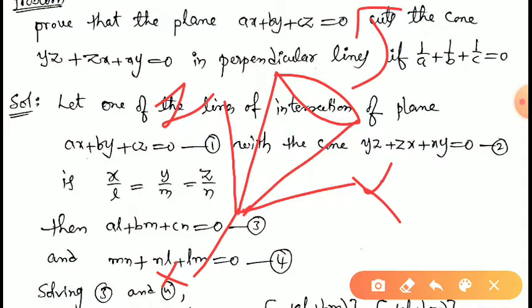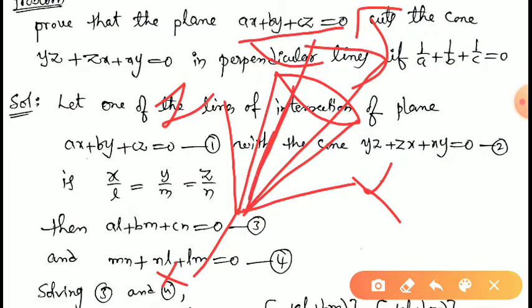And this is the plane like this. This is the plane ax plus by plus cz is equal to 0. This plane cuts the cone into different generators, these two. If these two generators are perpendicular, then 1 by a plus 1 by b plus 1 by c is equal to 0. This is what we have to prove in this problem.